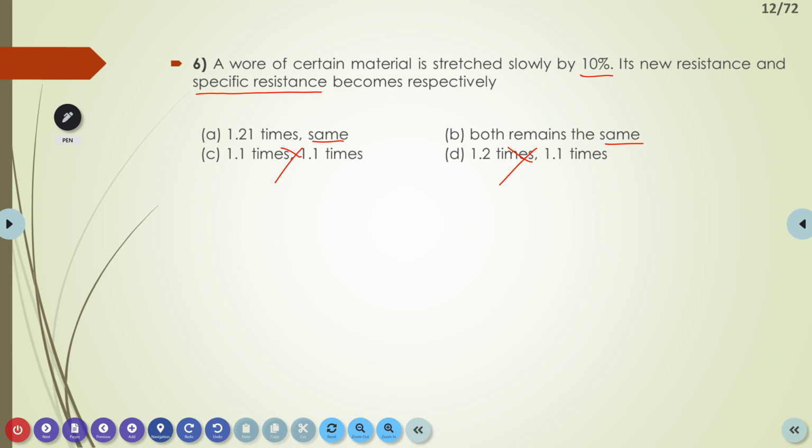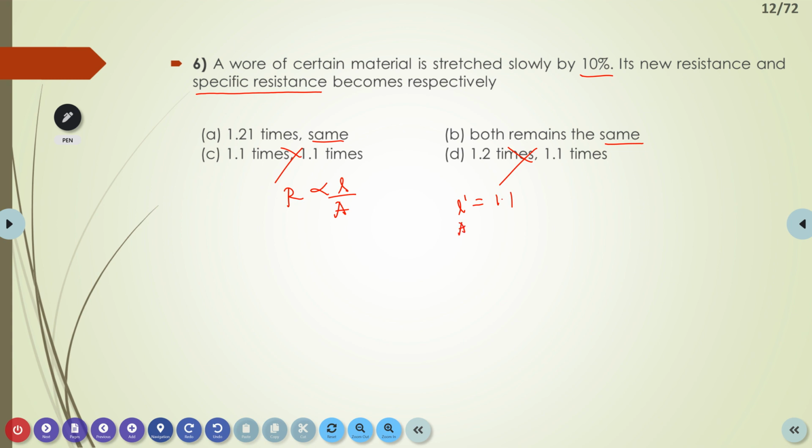Students, remember, whenever the wire is stretched, length increases, but area will be what? Decreases. Here, R is directly proportional to L divided by what? A. 10% means L dash equals 1.1 L. You should remember. 20% is 1.2, like that. Length will increase by a factor of 1.1.